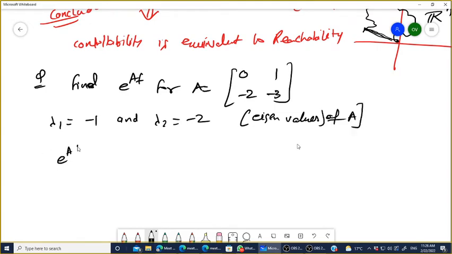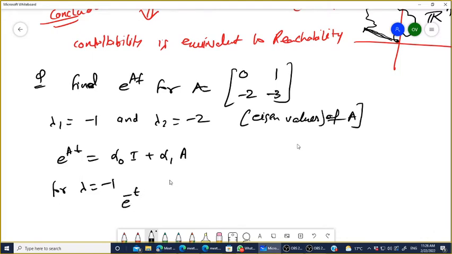So e to the power at is equal to, you can write here, please tell me what will be the equation in terms of alpha naught I plus alpha 1 A. Okay? Yes or no? So for lambda equals minus 1, you can write here e to the power minus t.